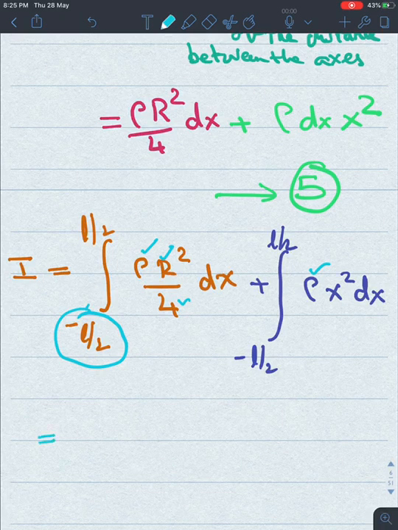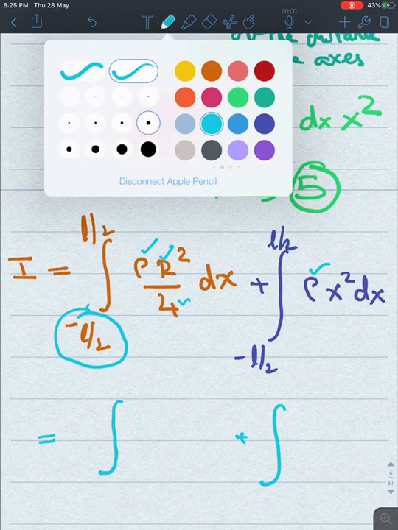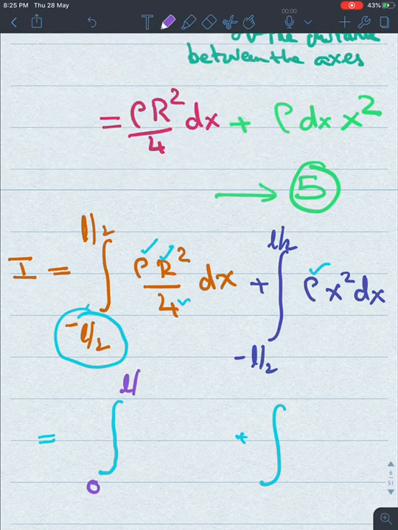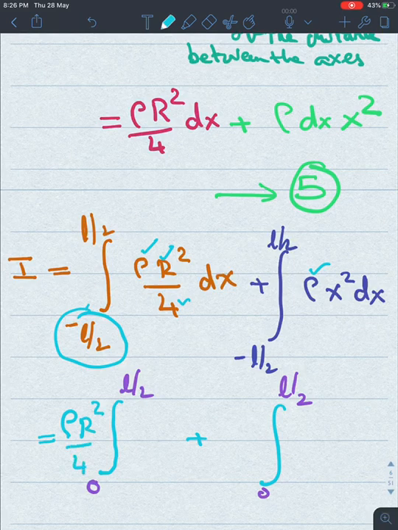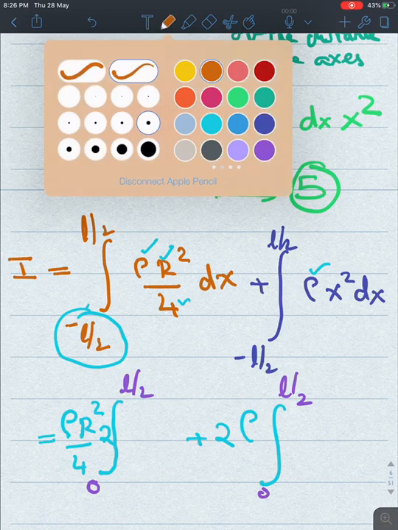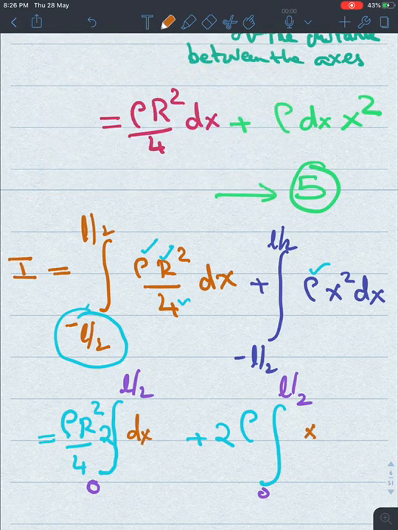So this equation becomes: rho r square by 4, with a 2 because from minus L by 2 I have completed, times the integral of dx, plus 2 rho times the integral of x square dx.